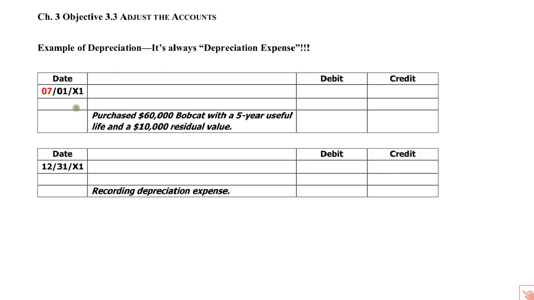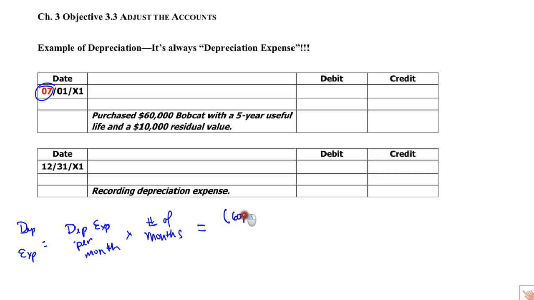Here's the same case, except I wanted to do a partial year. So depreciation expense equals depreciation expense per month times number of months in this current cycle. So it's 60,000, same as before, minus 10,000, divided by 5 years times 12 months per year.